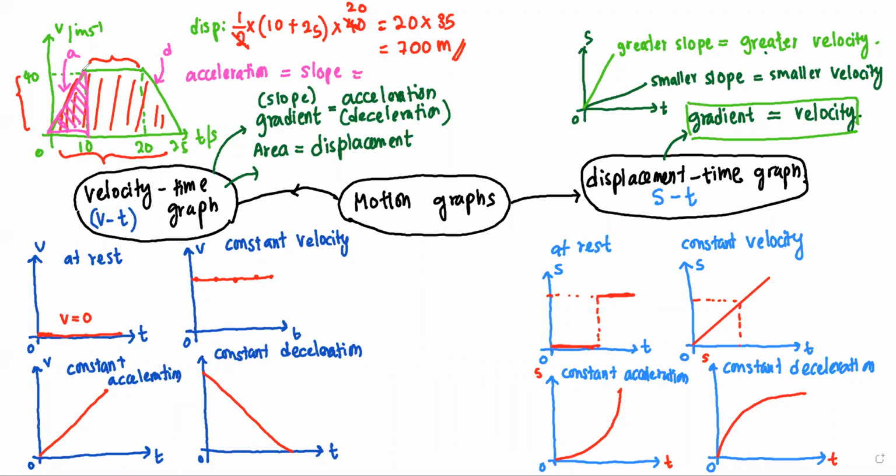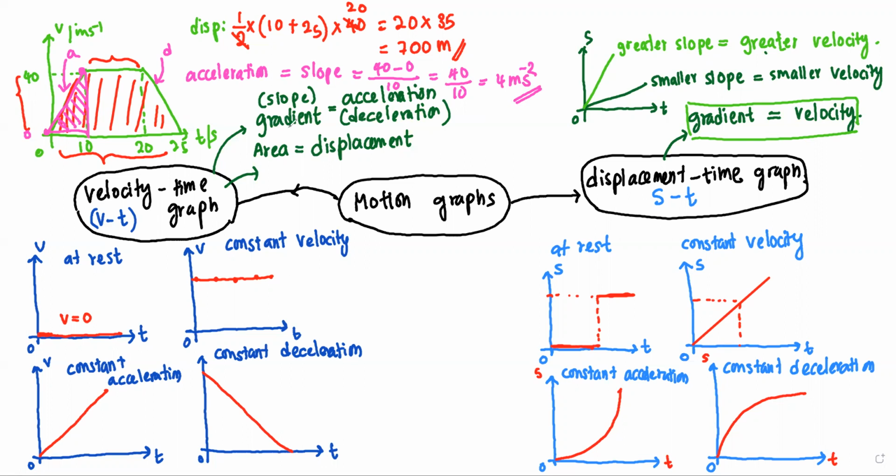We can find it from this value, which is 40, and this value, which is 0. So 40 minus 0 divided by time, which is 10, so you get 40 divided by 10, which equals 4 meters per square second. So we can find the acceleration in that way.